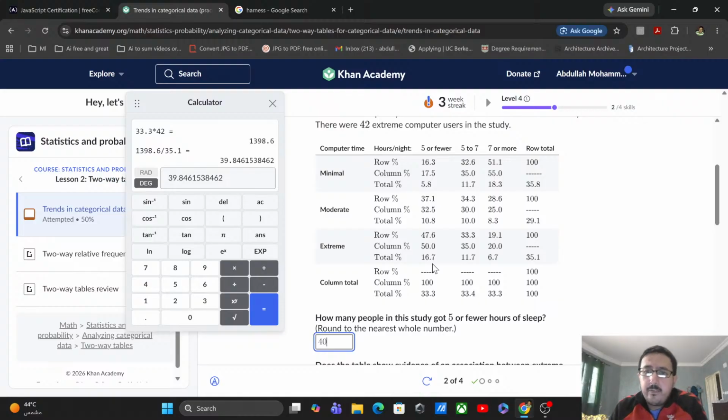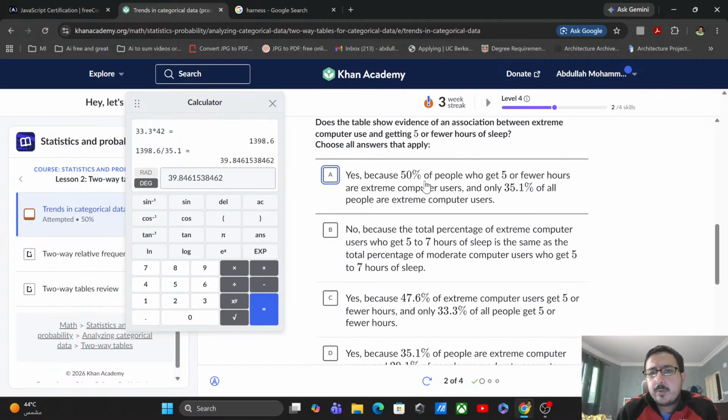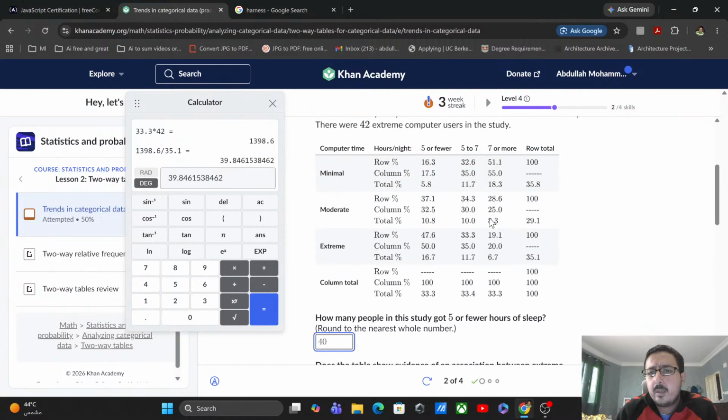Actually 50%. 32.17. So 50, yeah, it does show. Yes, because 50% of people who get 5 or fewer hours are extreme computer users. 35.1 of all people are extreme computer users.